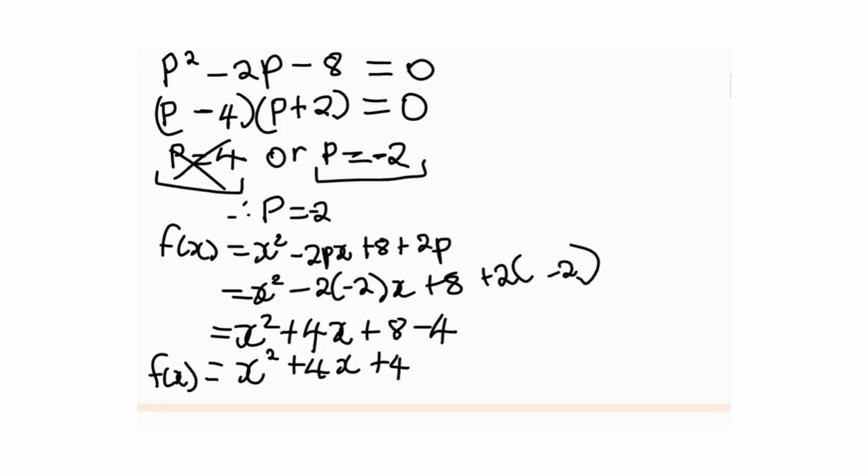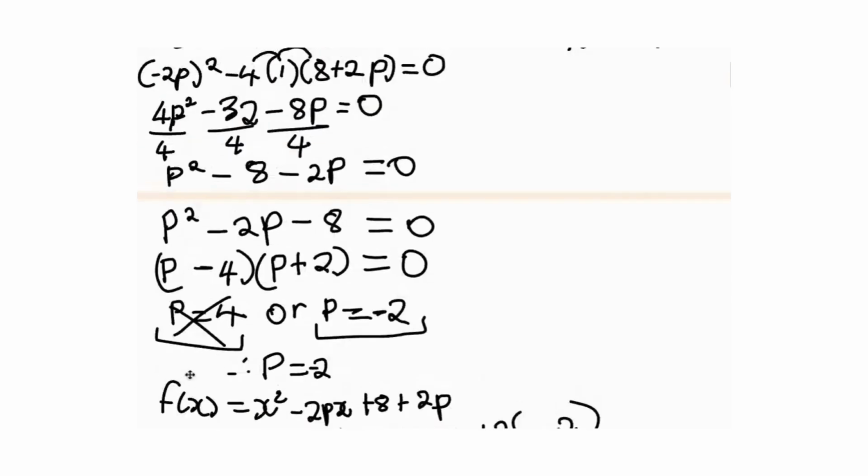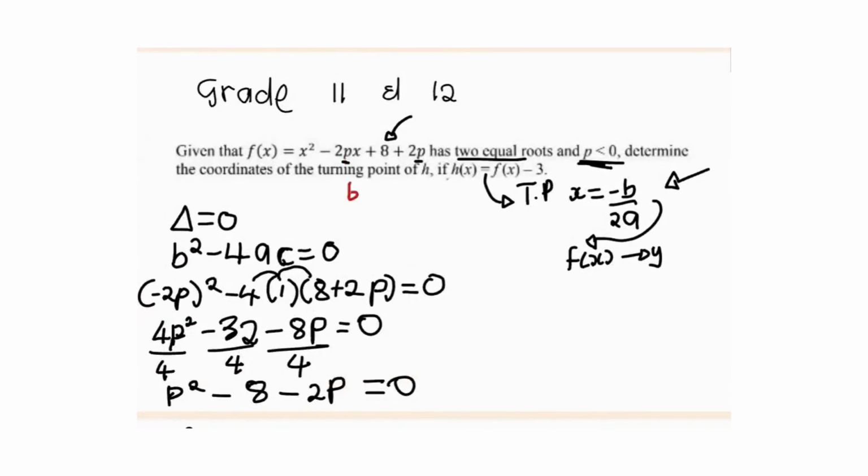Okay, now I've managed to turn that equation that had p's into a normal quadratic that I can use to find my turning point. But remember, we are looking for the turning point of h, not f.